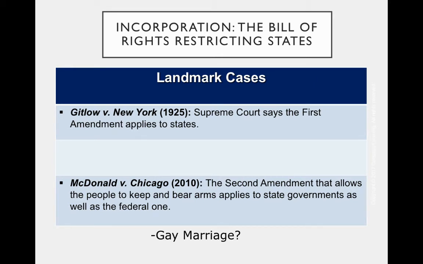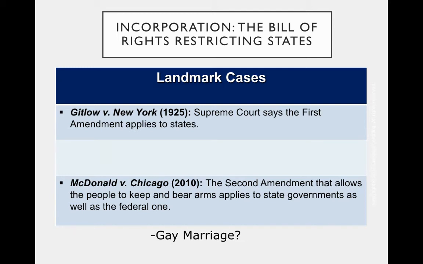Understand that. The Supreme Court is only going to incorporate an amendment, meaning apply it at the federal level and also to the state level, if a situation arises. And that situation did arise with a court case called D.C. versus Heller, where Washington, D.C. actually outlawed you from buying or owning a weapon on D.C. property.